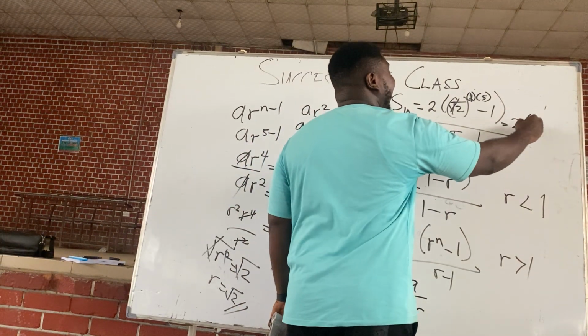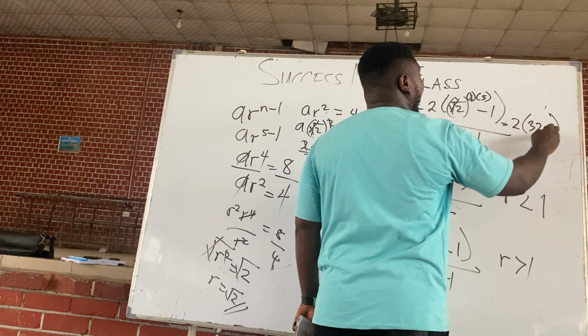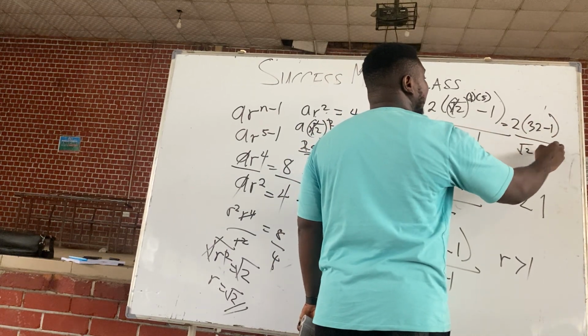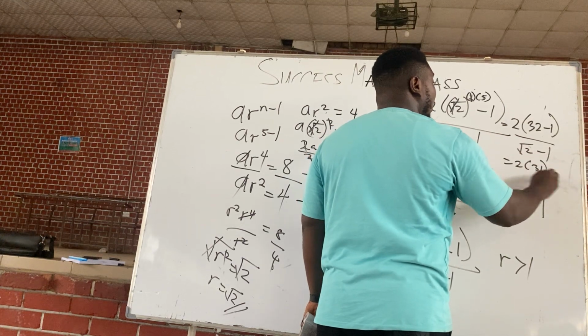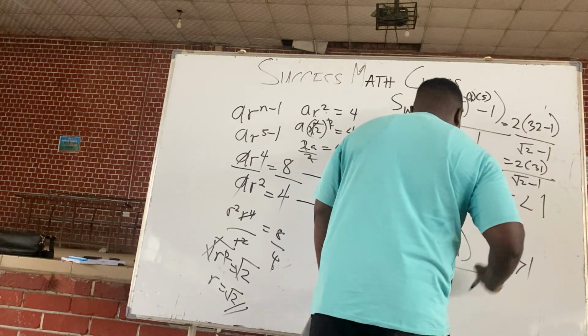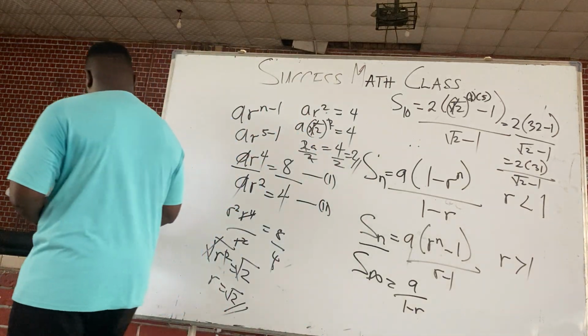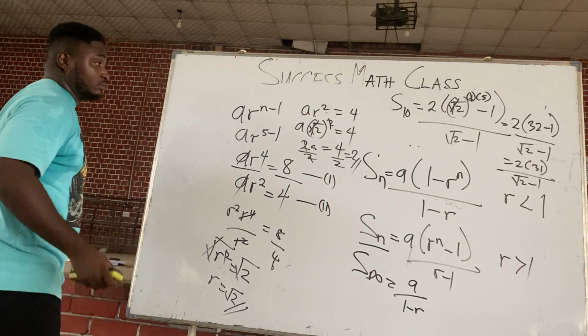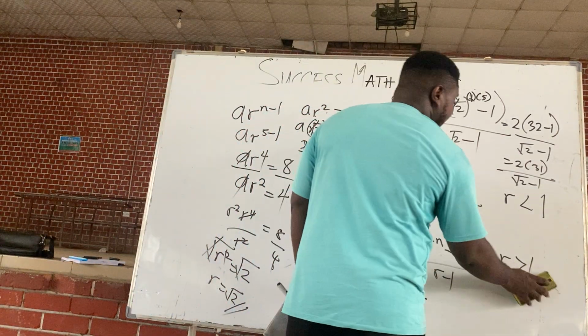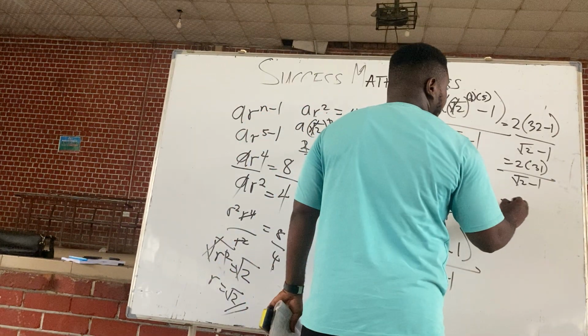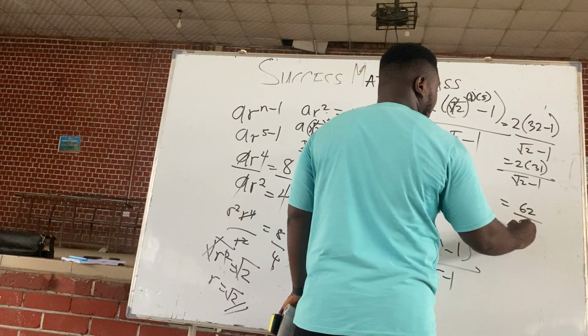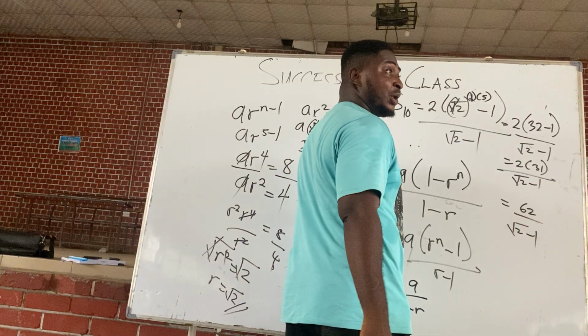This is now 2 into bracket 32 minus 1, all over root 2 minus 1. 32 minus 1 is 31. So 2 into bracket 31 all over root 2 minus 1. 2 times 31 is 62. This is 62 all over root 2 minus 1.